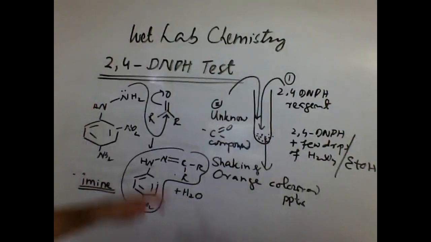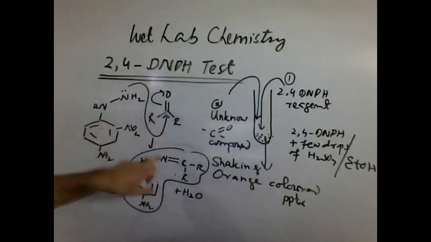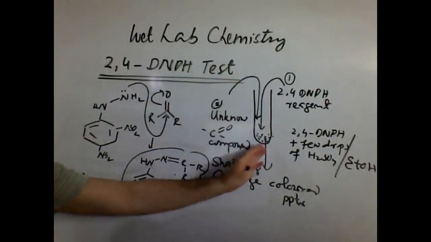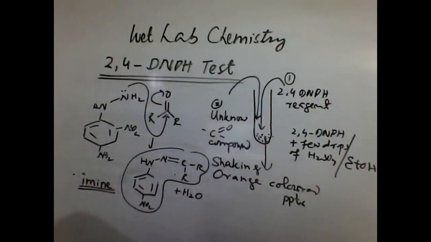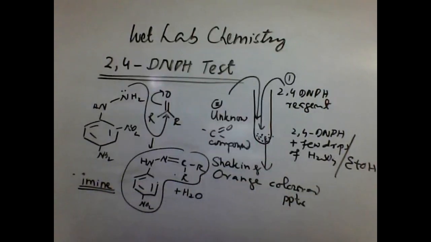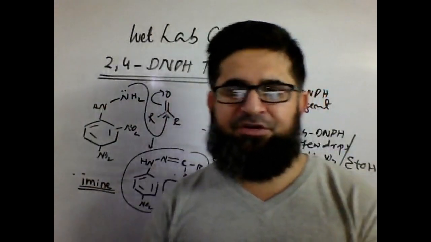So if the given compound is an aldehyde or ketone, definitely it will produce the corresponding imine. So imines are supposed to produce the precipitates, colored precipitates, which settle at the bottom of the tubes and confirm their presence.